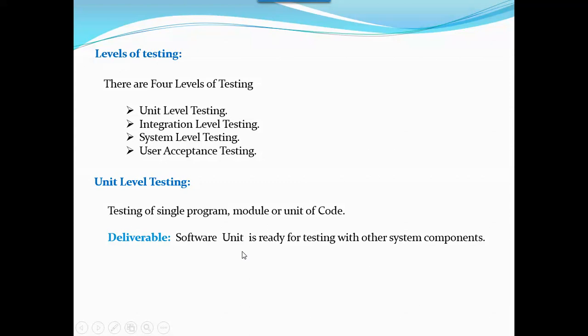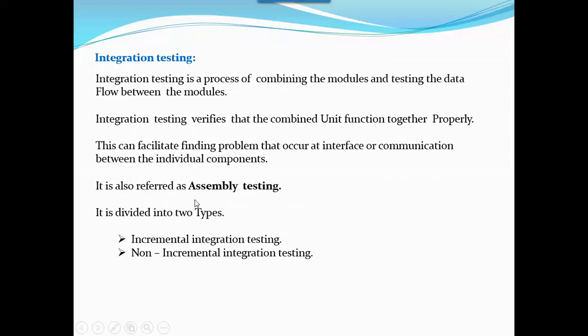The software unit is ready. One unit is already tested. Say the software unit is ready for testing with other system components. Customer services is ready and already tested. Then we need to implement the other module, which means we need to test with the other module. So unit level testing is one of the most important ones, for the developer as well as the testing team.